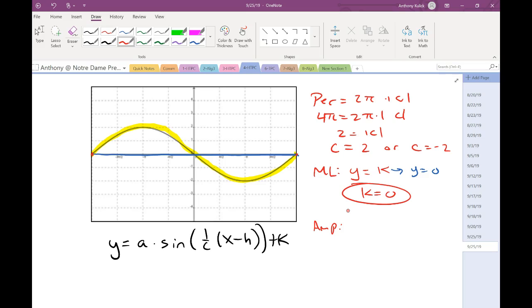No, that's why I'm saving it for last. What is the amplitude defined as? It's half the distance from the lowest point to the highest point. So if I count, that total distance is 4. If I divide that in half, it's 2.